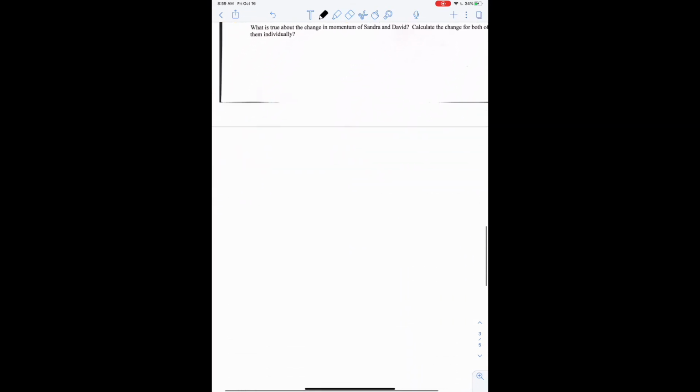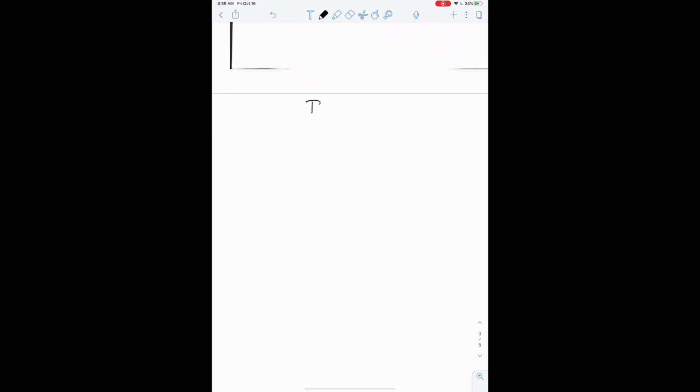So let's go ahead and write this momentum balance. PI equals PF. We can say the momentum initial of David is going to be MV, and that's going to be V initial. So for David, we have David's mass times the velocity of David initial.